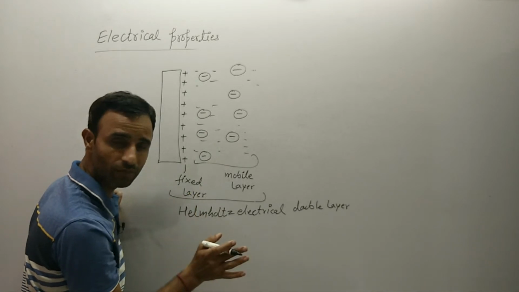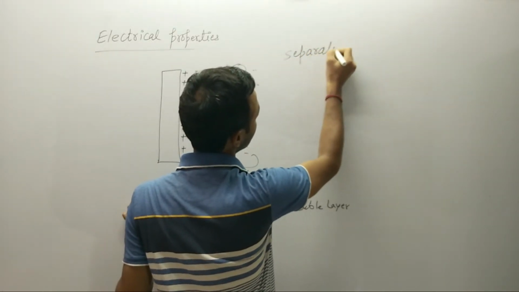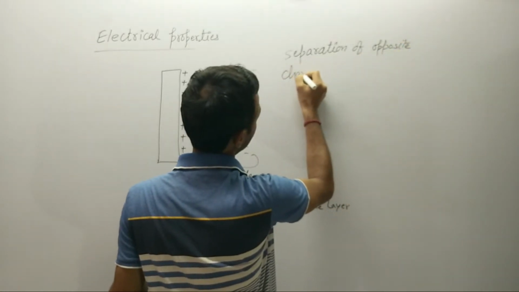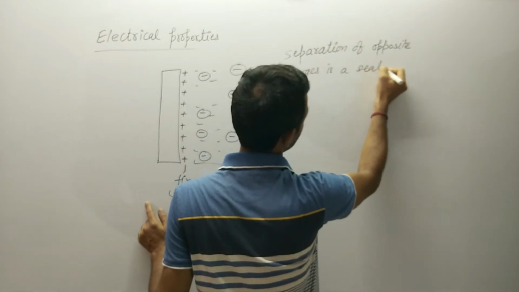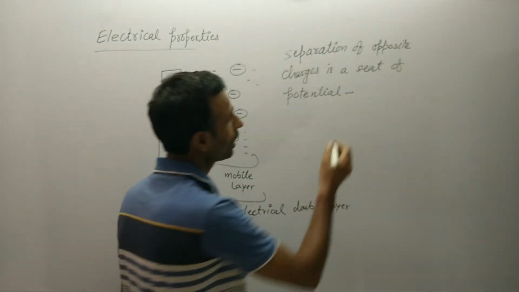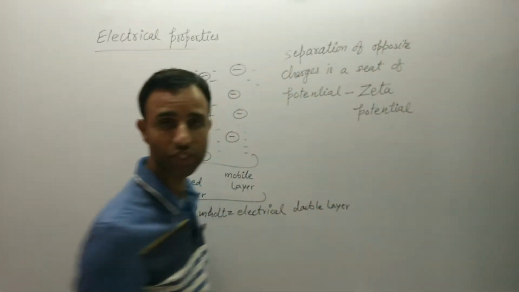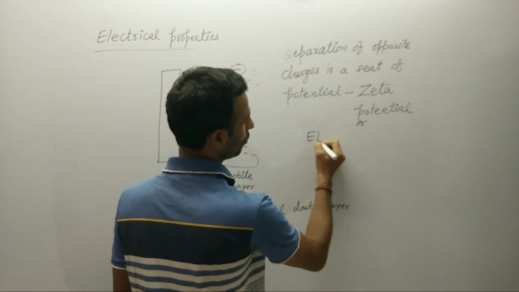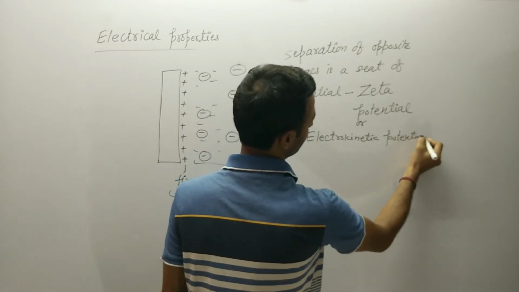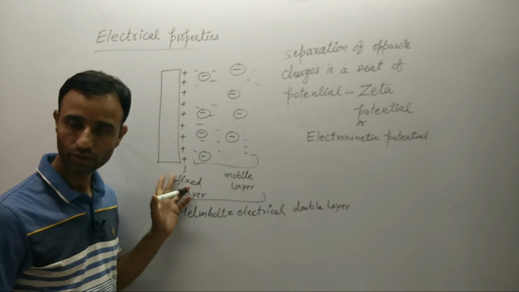So in both cases this double layer is formed and there is a separation of charges, and separation of charges is a seat of potential, and that potential is called zeta potential or electrokinetic potential.